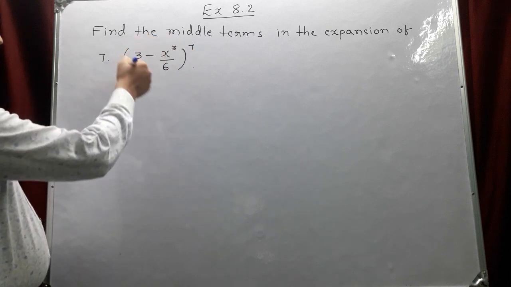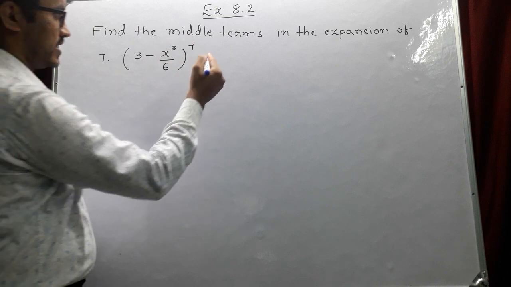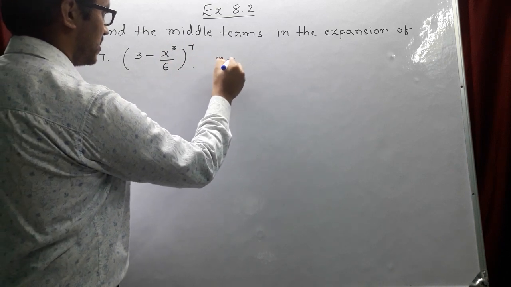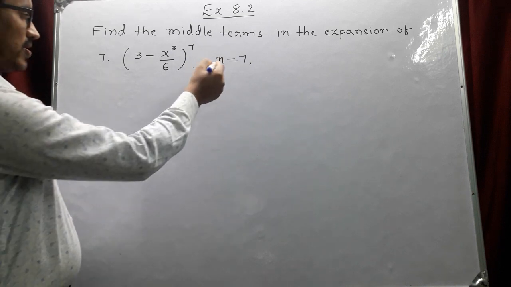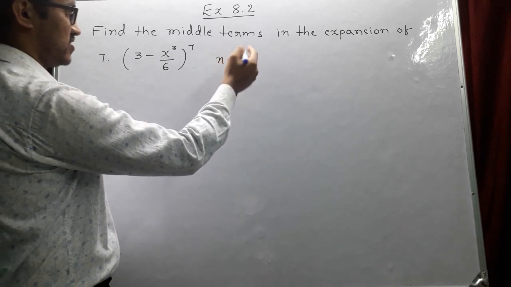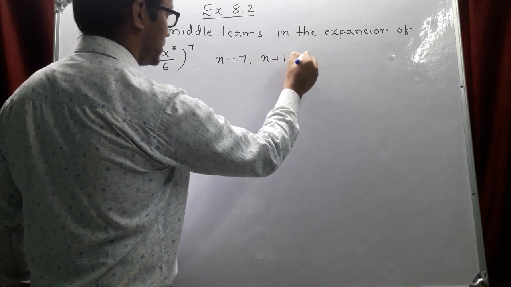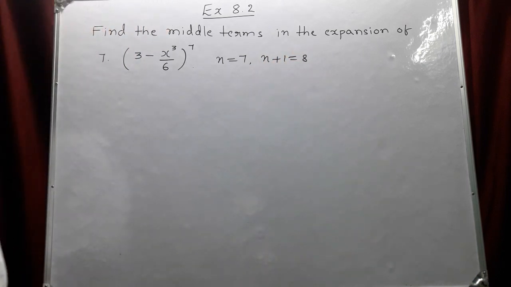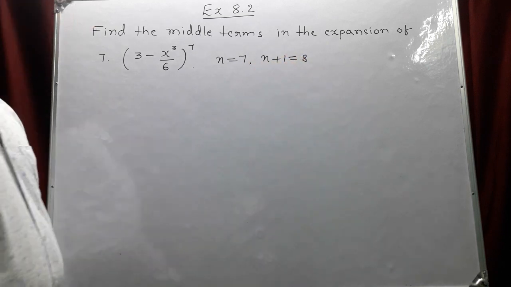If you see this expression, the index is 7, so the number of terms will be index plus 1, that is n plus 1. So the number of terms is 8. Since the number of terms is even, we have two middle terms.